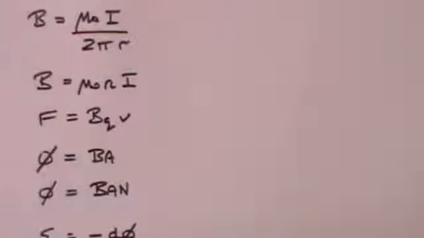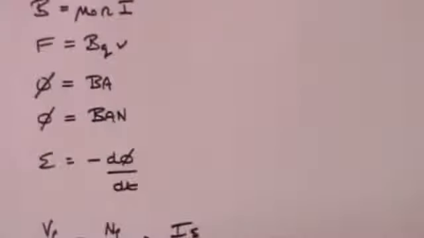And you'll notice that if the velocity is 0, then the magnetic field has no effect on the charged particle. Compare that with an electric field, where even if the particle is not moving at all, the electric field will still exert a force on the charged particle.